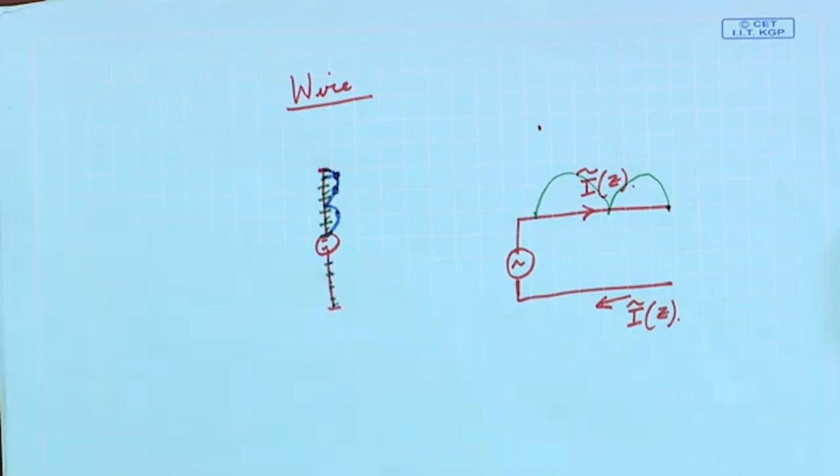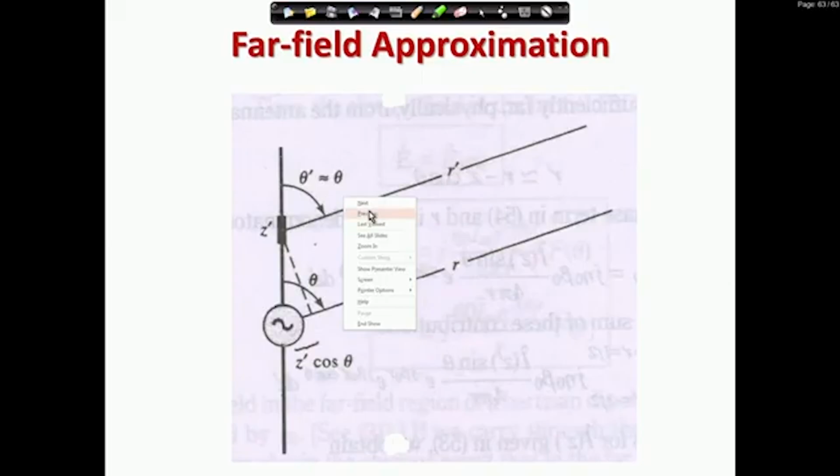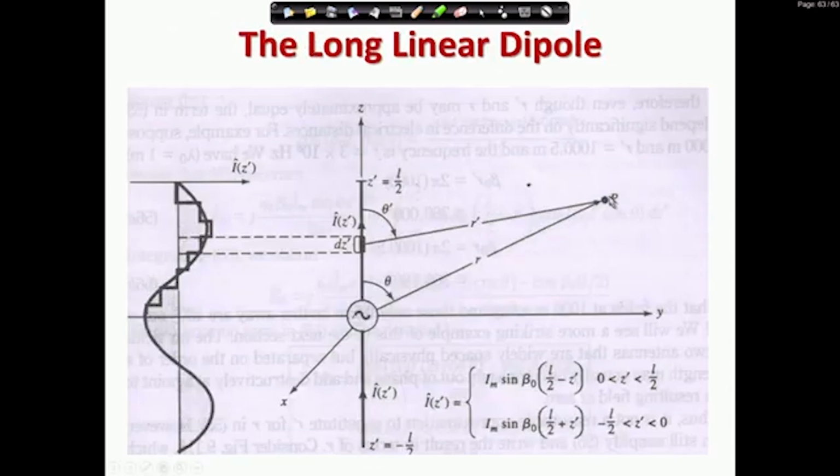Again, we can see in the view graph the field at this point, at least if P is in the far field. I know the far field here, and then I go to the next one, and the total field here will be a superposition of all these fields.